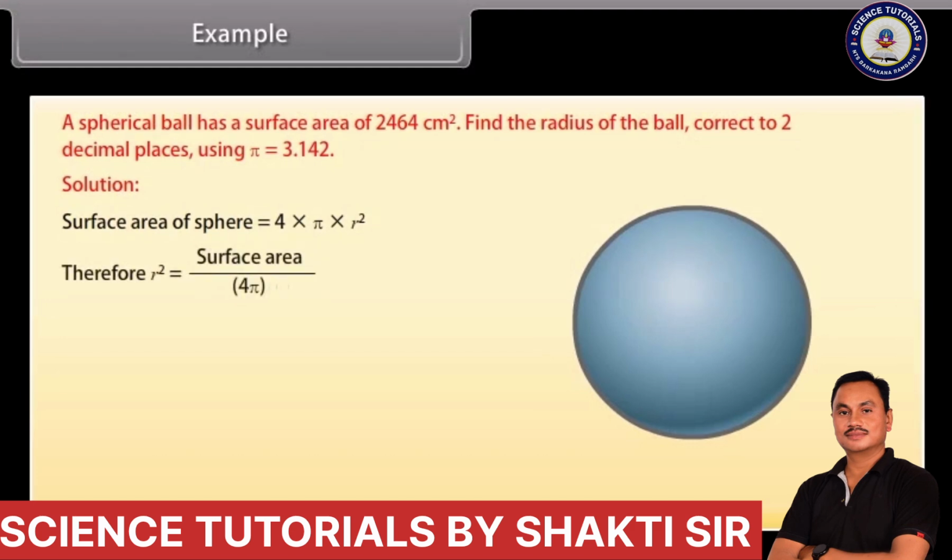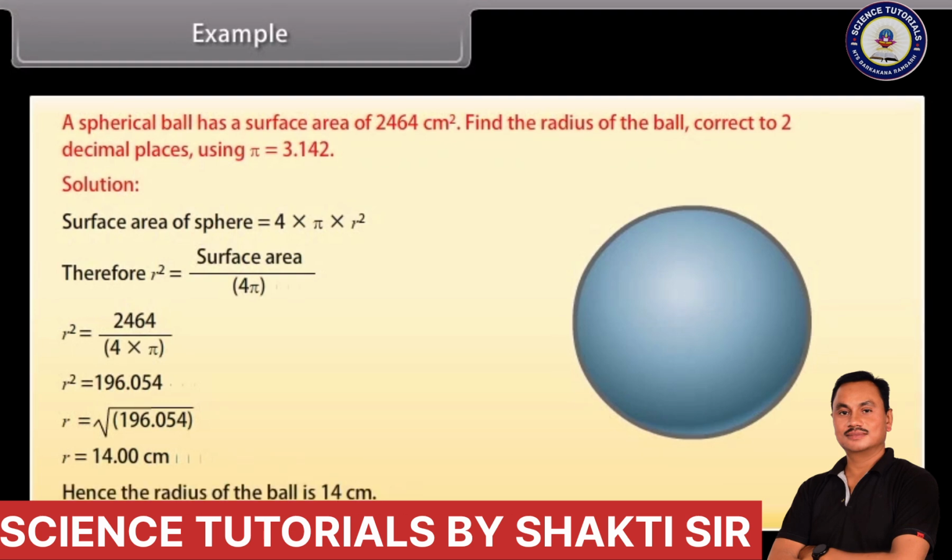Therefore, r square is equal to surface area upon 4 pi. R square is equal to 2464 upon 4 into pi. R square is equal to 196.054. R is equal to under root 196.054. R is equal to 14 centimeter. Hence, the radius of the ball is 14 centimeter.